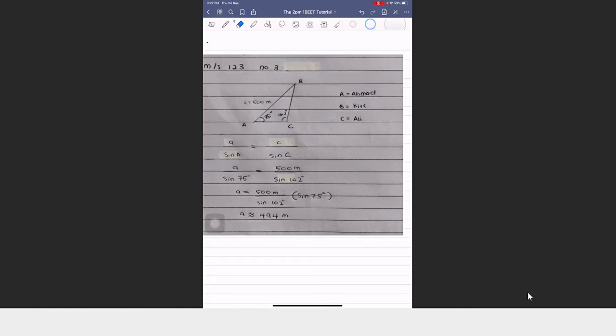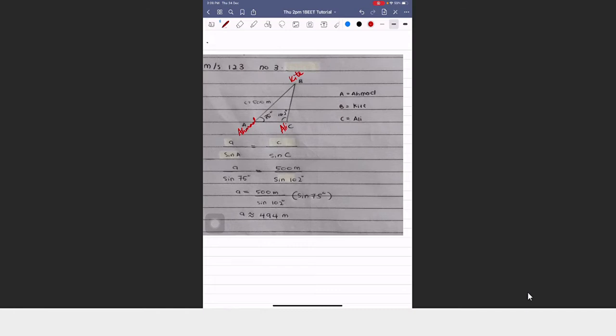But what information you can take in from this question is that you have a diagram. So this is Ahmad here, and this is Ali, and this is the kite.